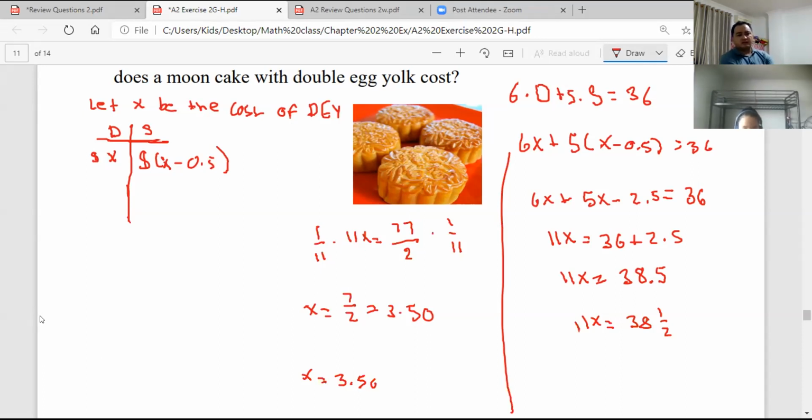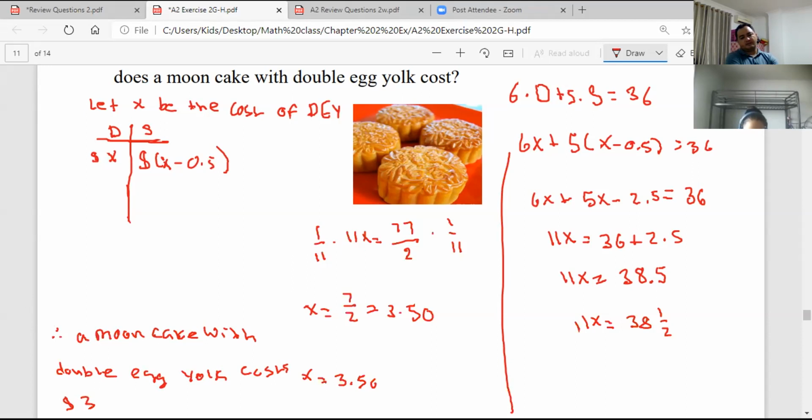So, a mooncake with double egg yolk costs $3.50. That's it. Very good.